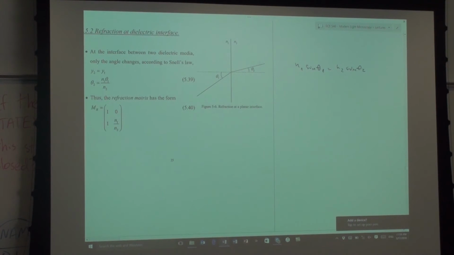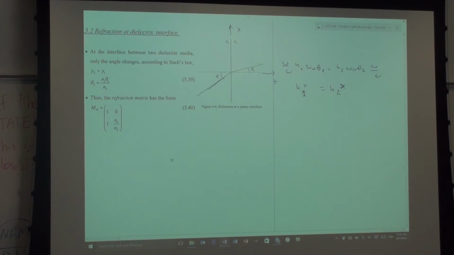So if I multiply this by omega over c on both sides, I get that k1 along, let's call that x, let's call this z, along x equals k2 along x. Why?